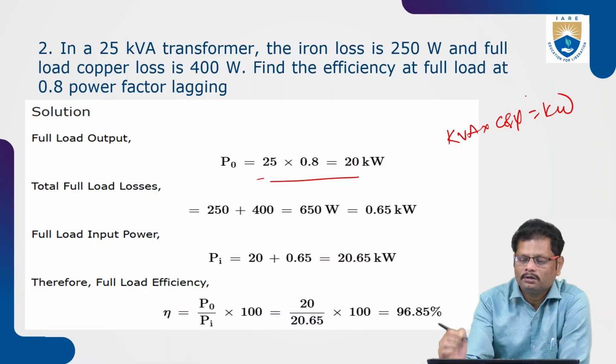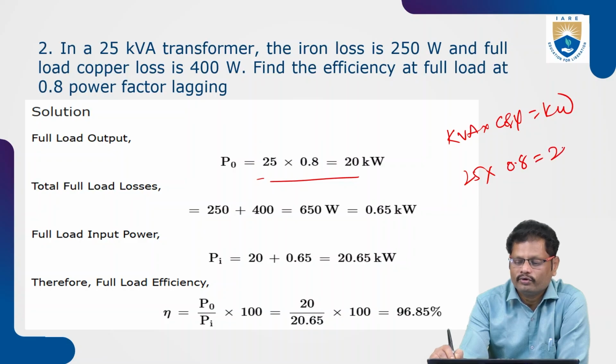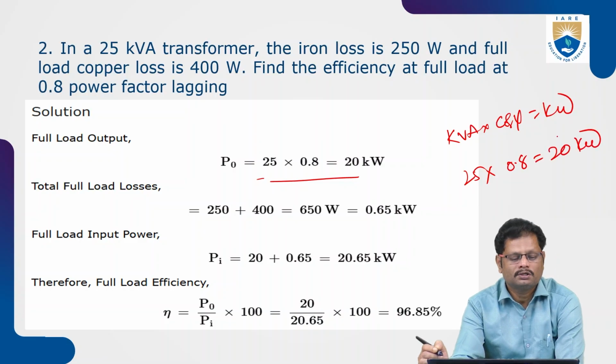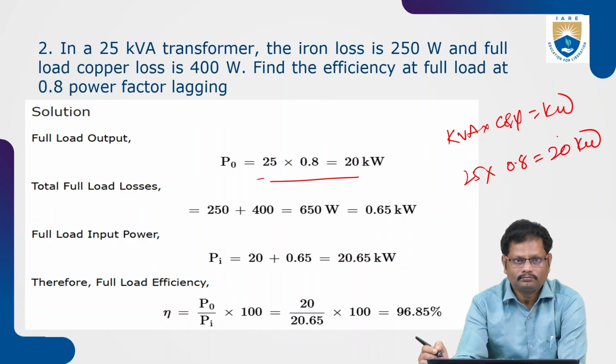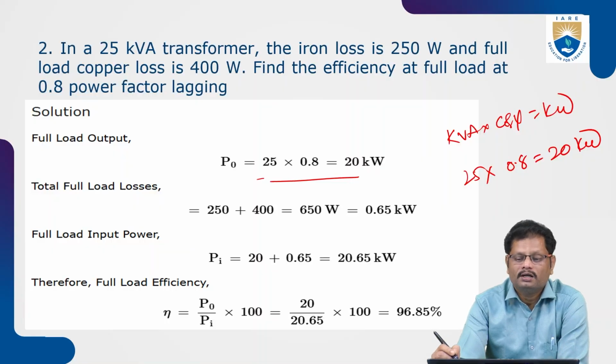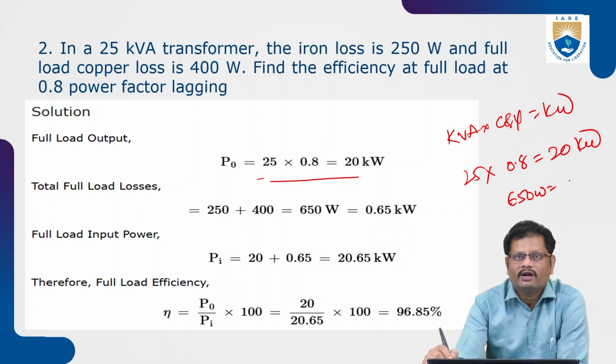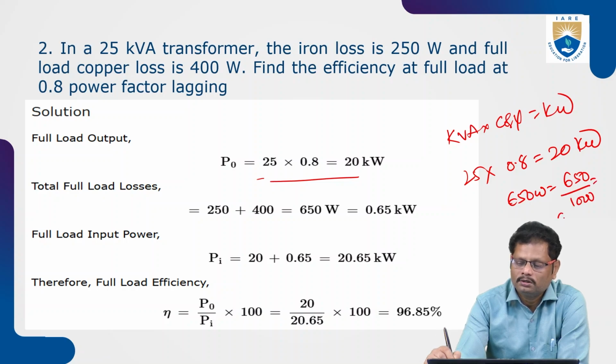So here 25 kVA and power factor given as 0.8, so we get 20 kilowatts. This is the output power, and the total losses are full load copper loss 400 and iron losses 250, total 650 watts. These 650 watts can be converted into 650 by 1000 equal to 0.65 kilowatt.